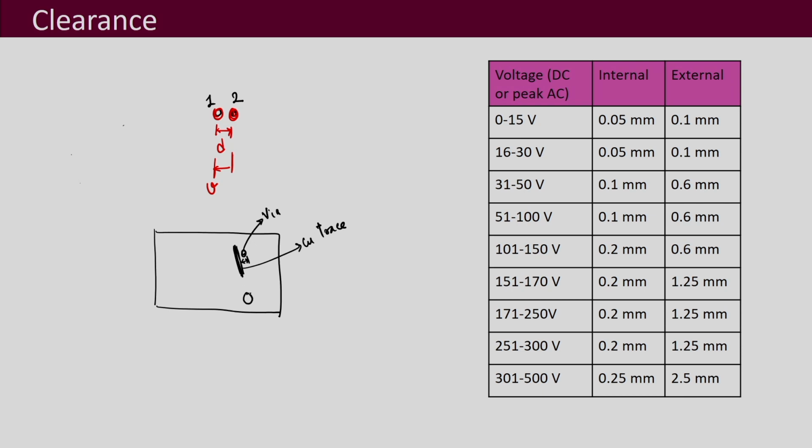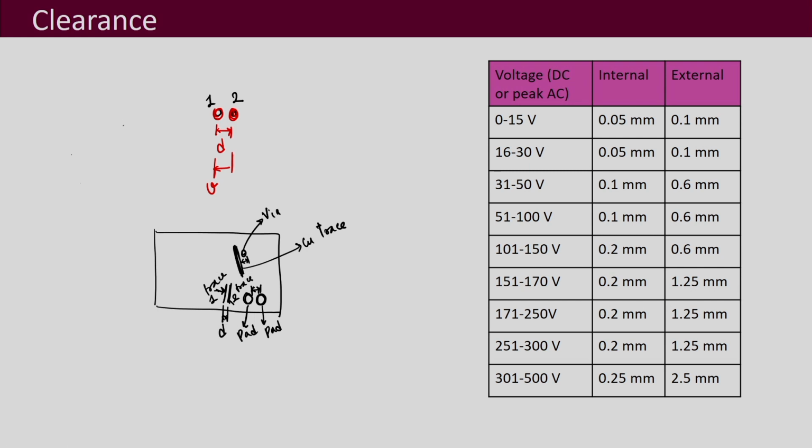If you have a pad and there is another pad adjacent to it, so in between them also you have to be careful about the clearance, and in between two traces also, this is trace 1 and this is trace 2, whatever is this distance, you have to be careful about the clearance.